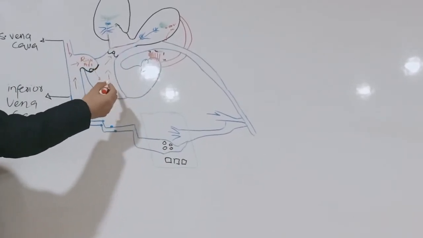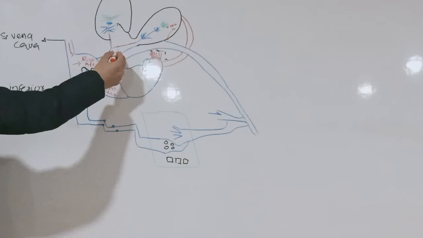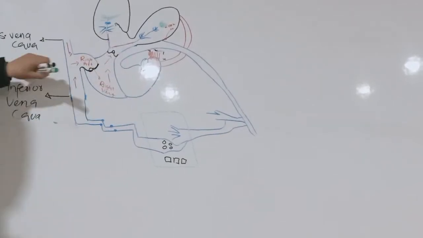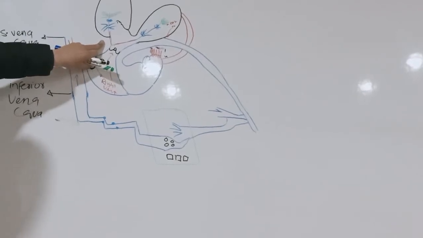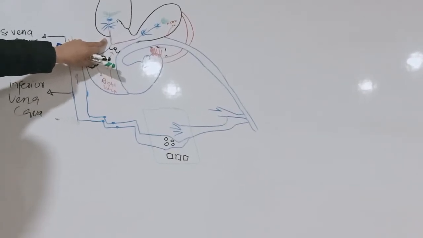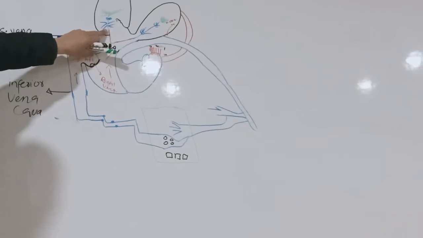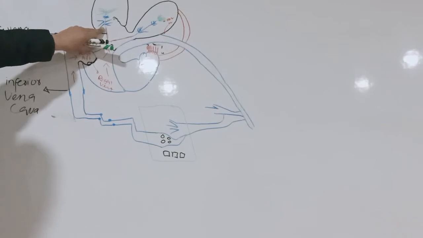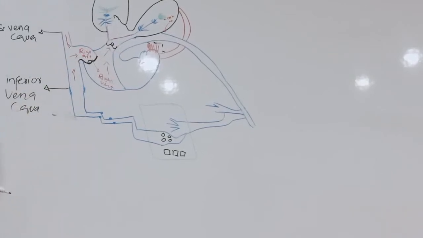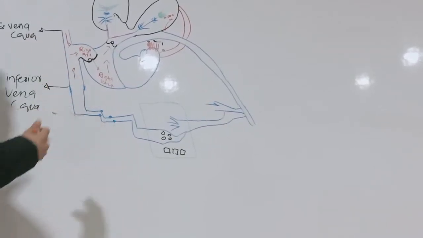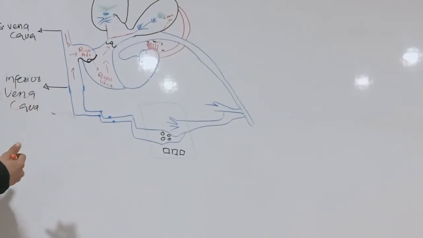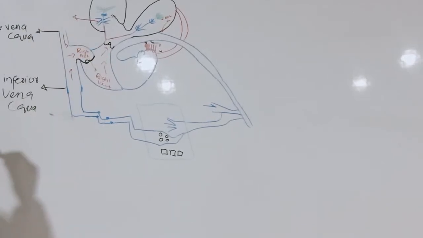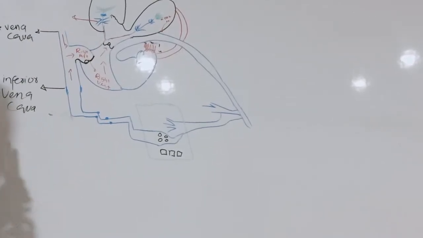The blood goes from the right ventricle to the pulmonary artery through which valve? Through the pulmonary valve. When the pulmonary artery enters the lungs, it breaks down into arterioles, meaning small branches, which are called arterioles. This is the arteriole.